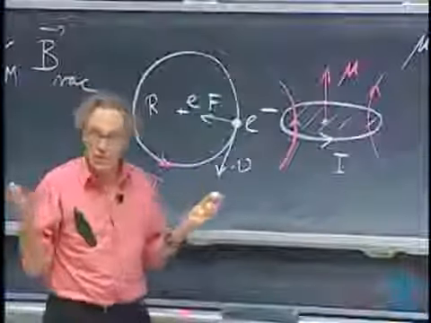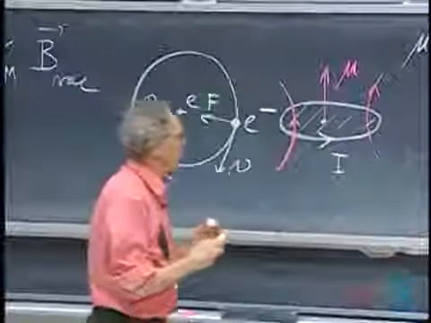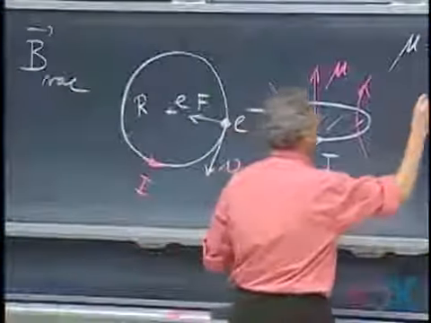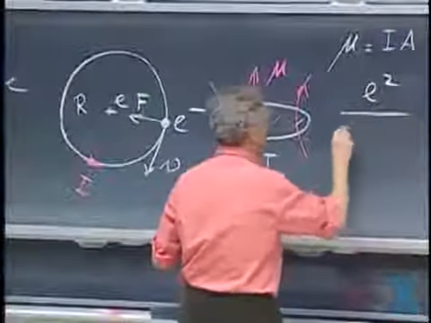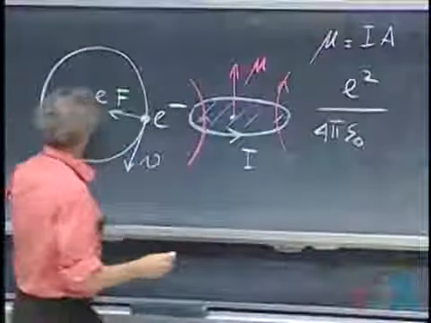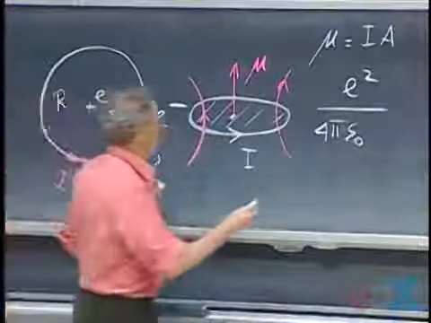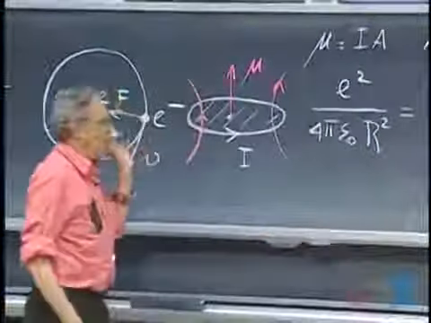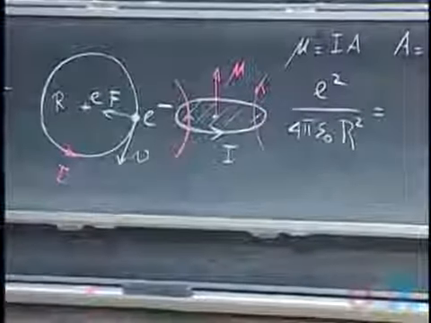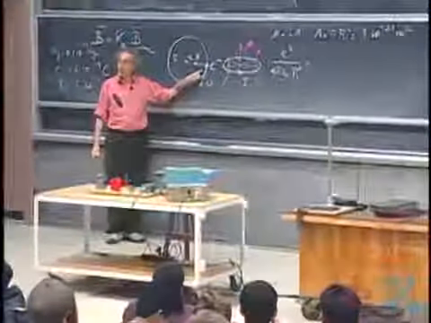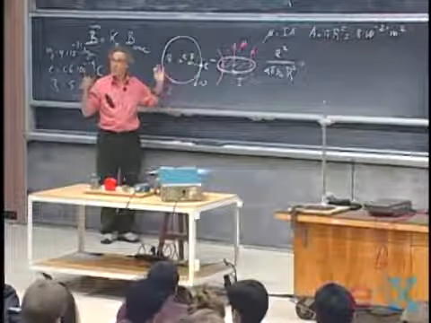And we know that force, that's the Coulomb force, it's an electric force. That force is this charge times this charge, so that's e squared, divided by our famous 4 pi epsilon 0, and then we have to divide it by the radius squared. So that's Coulomb's law. But from 801, from Newtonian mechanics, we know that this is what we call the centripetal force that holds it in orbit, so to speak.